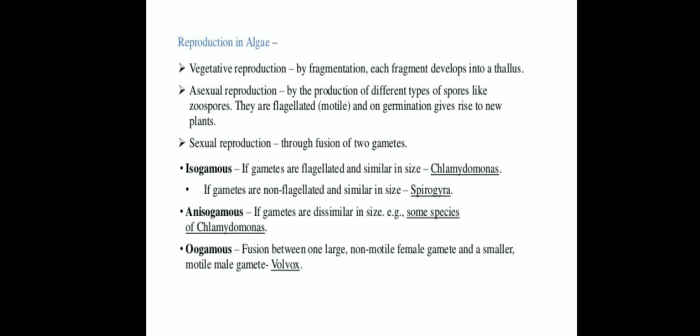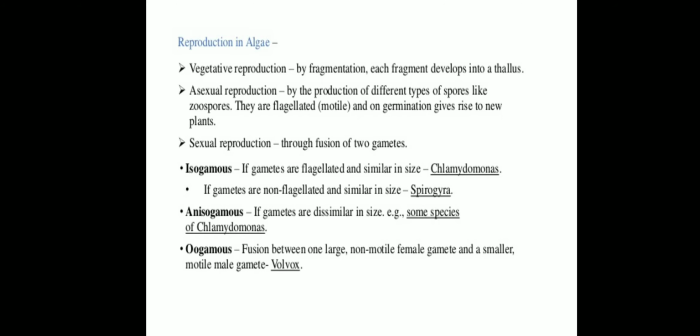And sexual reproduction is through fusion of two gametes, male gamete and the female gamete. Sexual reproduction is again of three types: isogamous, if gametes are flagellated and similar in size, for example in Chlamydomonas, and if gametes are non-flagellated and similar in size, such as in case of Spirogyra.